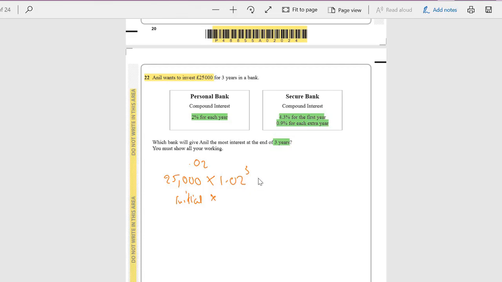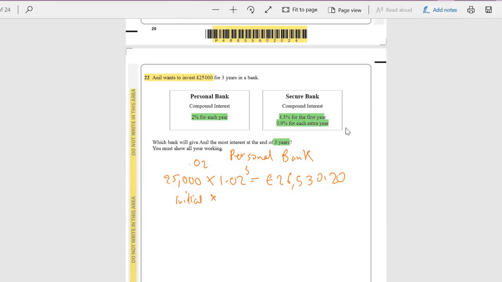Okay, so that will give us, if you put it in a calculator, 26,530 pounds and 20 pence. And that's for personal bank.